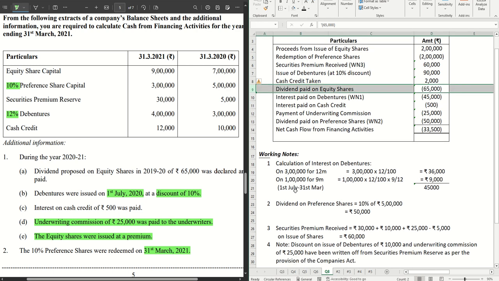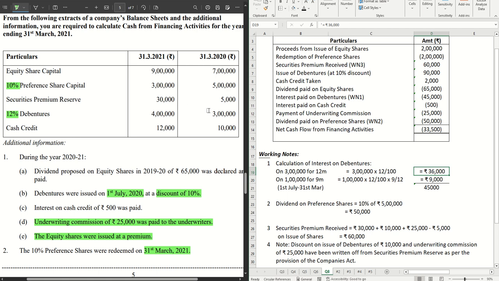Let's come to our working calculation number one, calculation of interest on debentures. At the beginning of the year, the company had debentures worth 3 lakhs. Okay, so on 3 lakhs, the interest will be calculated for entire 12 months, which is coming to 36,000, straightforward.